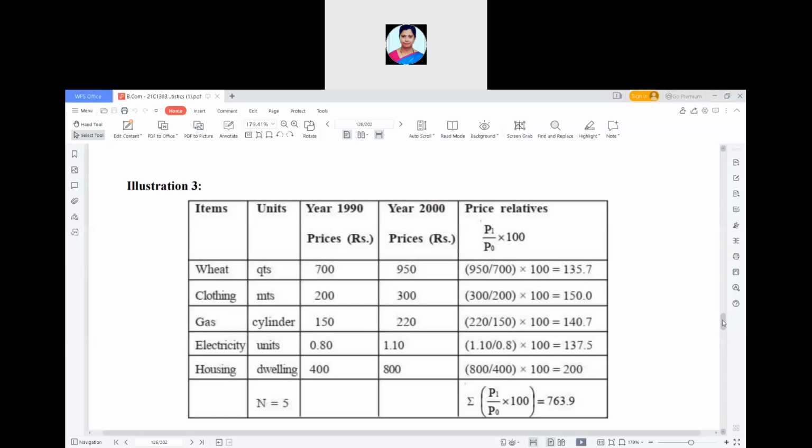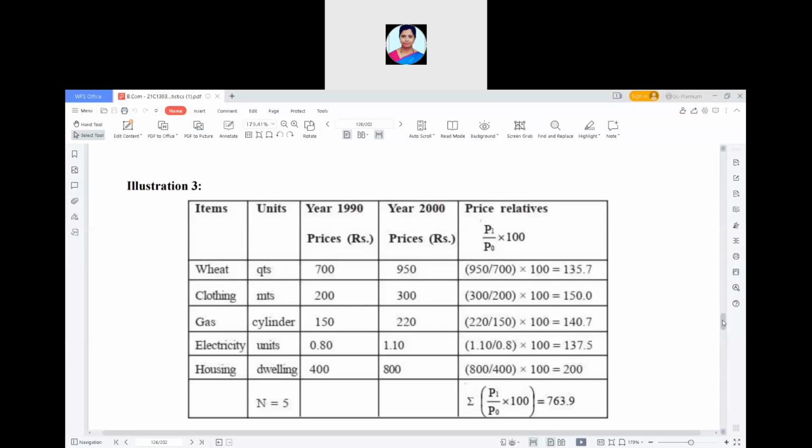We consider 2000 prices as P1 and 1990 prices as P0. So P1 by P0 into 100. For heat, the corresponding P1 is 950 and the corresponding P0 is 700. So 950 by 700 into 100, and the percentage we have is 135.7.